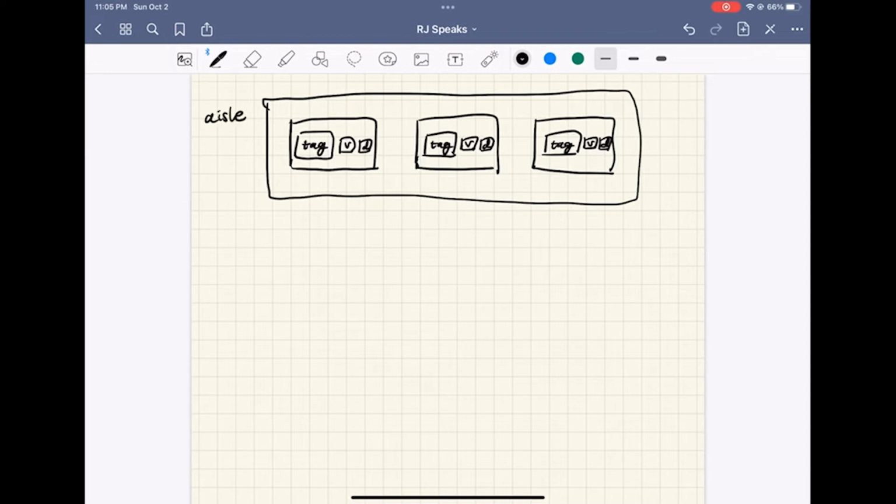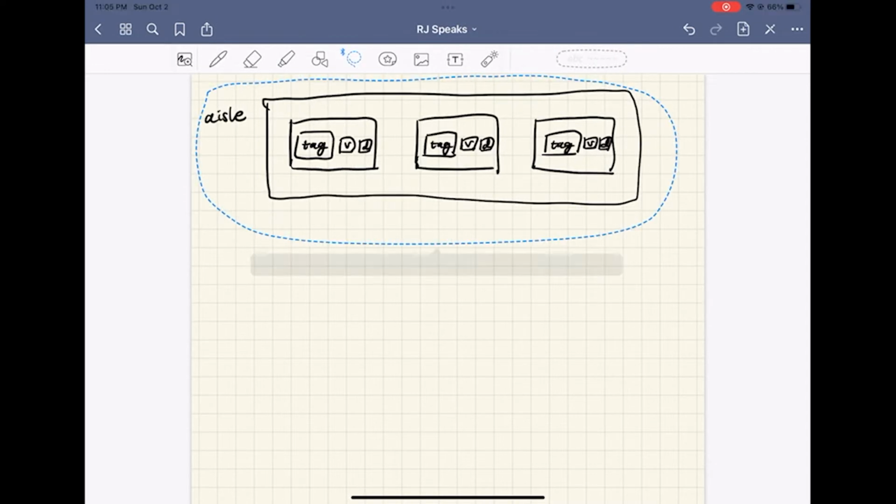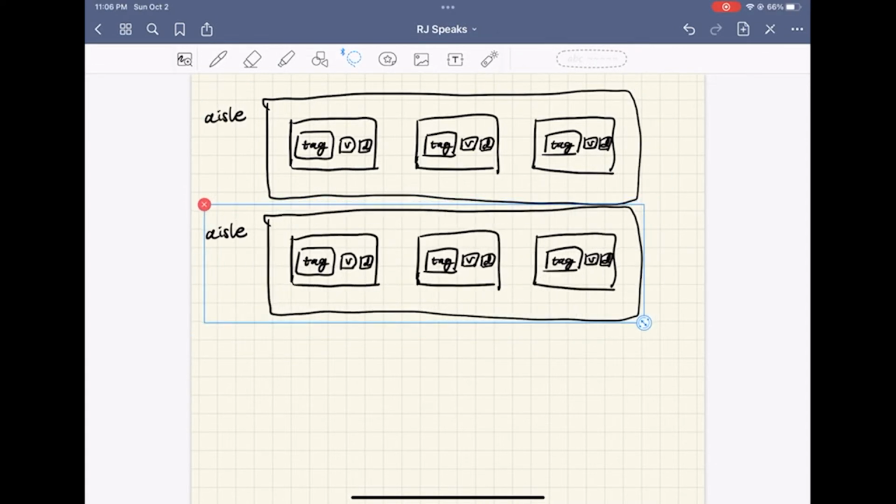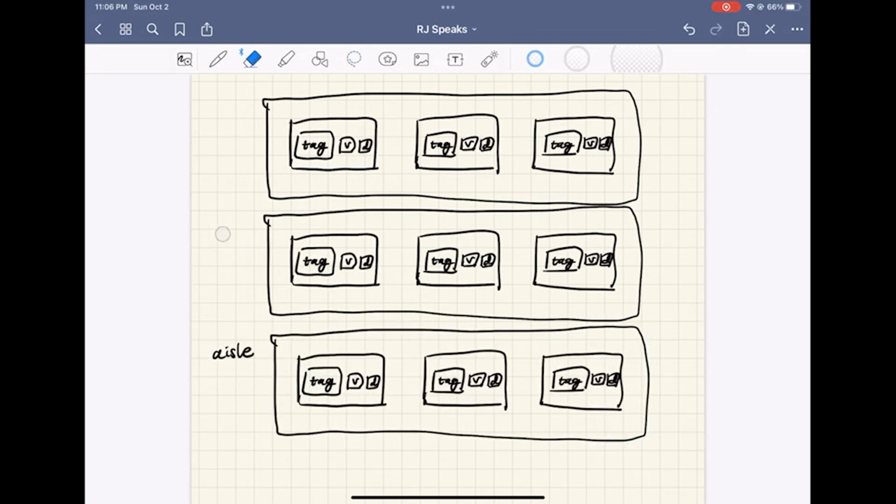Our storage room consists of some amount of aisles, and each aisle can hold some amount of boxes. These aisles are cache sets, and our boxes are, as you might recall, cache lines. When we want an item from the storage room, how does it work? We don't want to browse through all the aisles, since that would take forever.